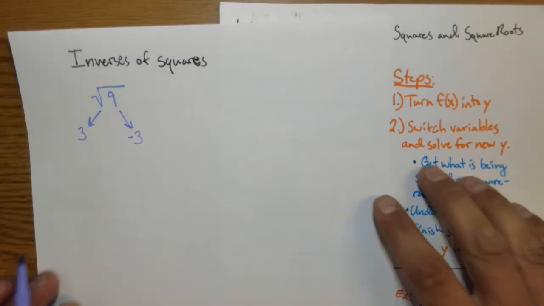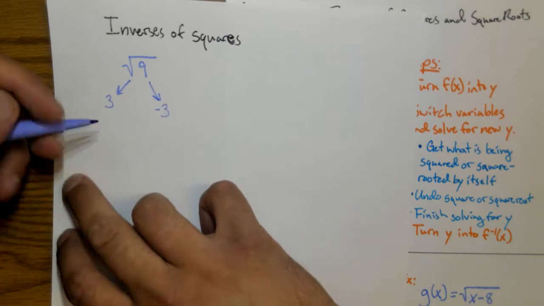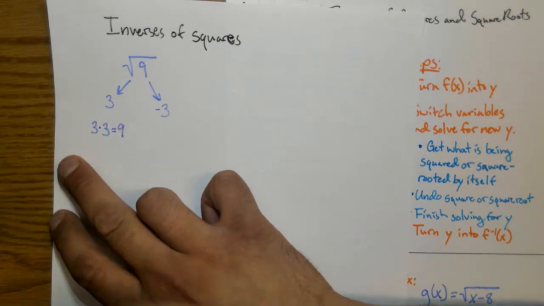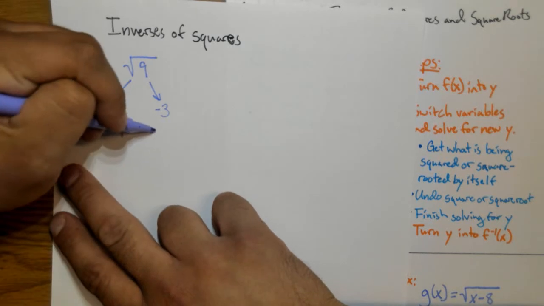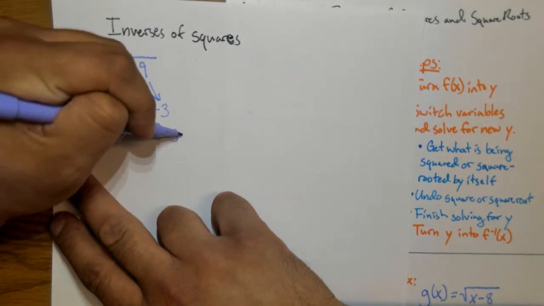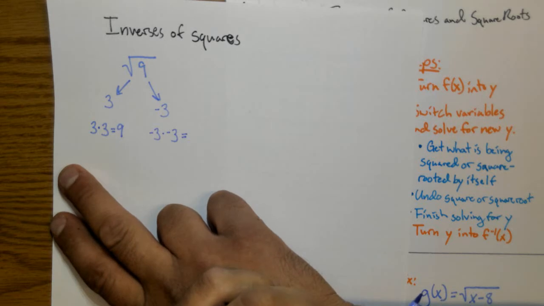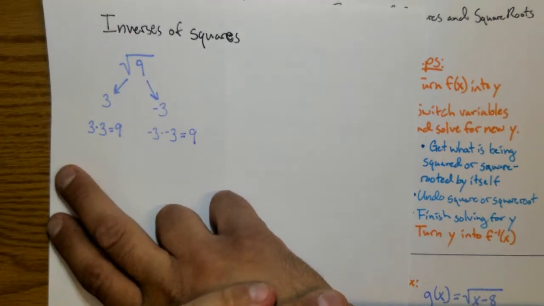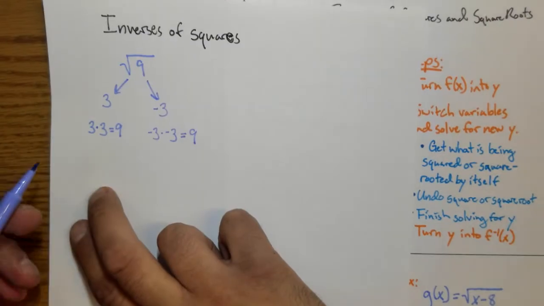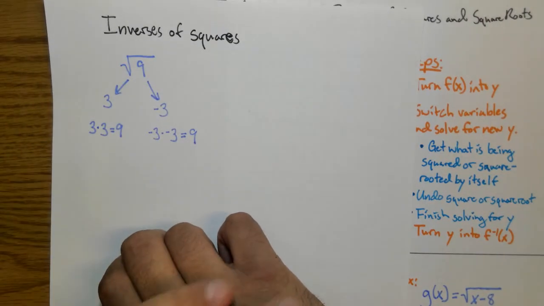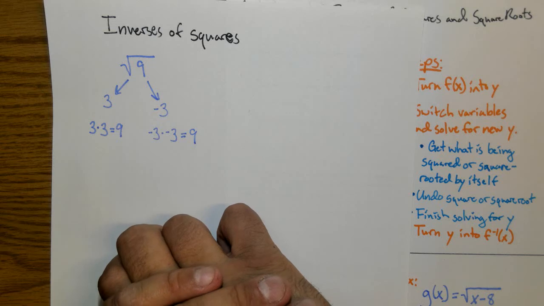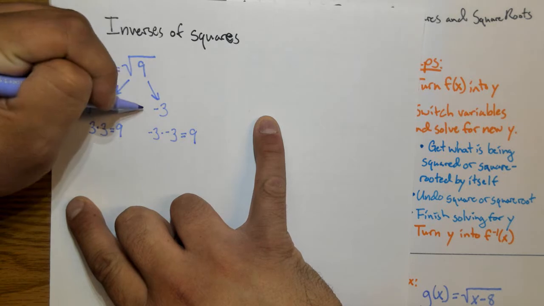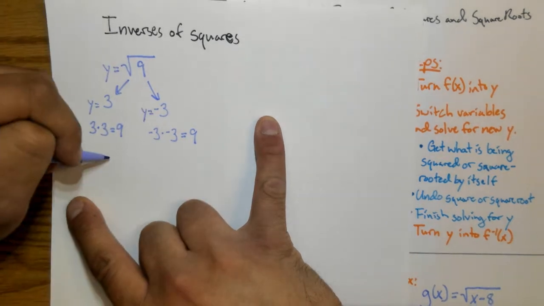Now, think about the logic behind this. The 3 is pretty obvious. 3 times 3 is 9. But negative 3 times negative 3, remember what happens when we multiply two negatives together. They equal a positive. So we also get positive 9. So that's why our two answers are 3 and negative 3. Now, I can write my answer like this.